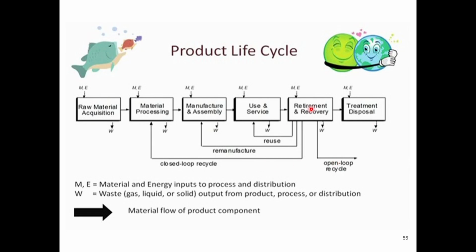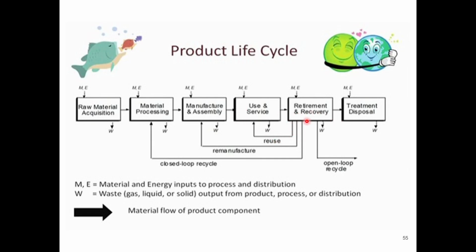Now look at the arrows coming out of the retirement and recovery step. If we go directly from retirement and recovery again to use and service, without going to treatment disposal, that means we are reusing.